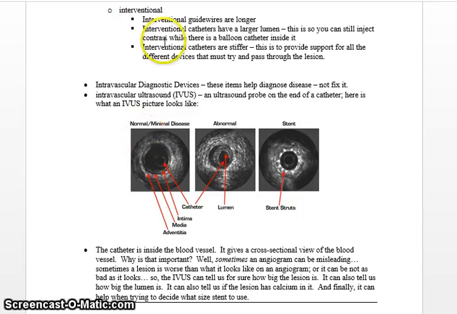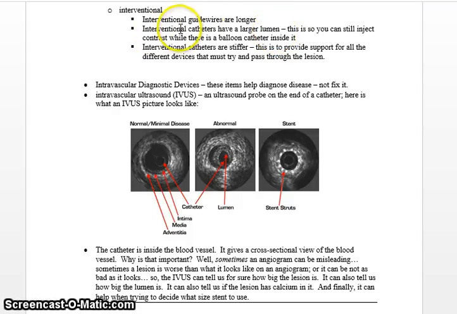Okay, so still talking about catheters and guide wires. The interventional guide wires are longer. Interventional catheters have a larger lumen. Now, the French size is the same. So if you have a 6 French diagnostic and a 6 French guide catheter, they're going to be the same French size, so meaning their outer diameter is the same.